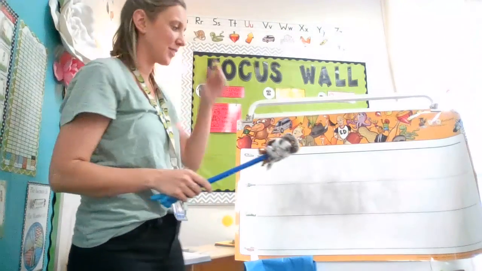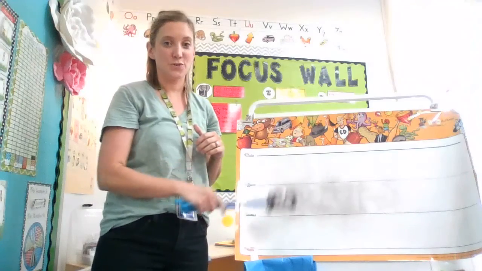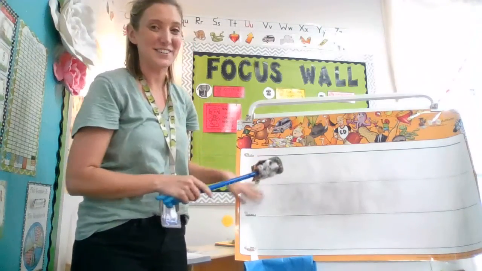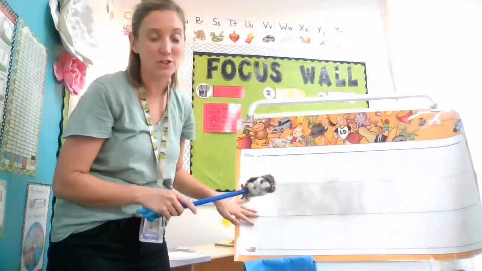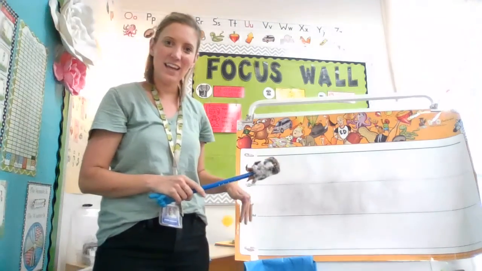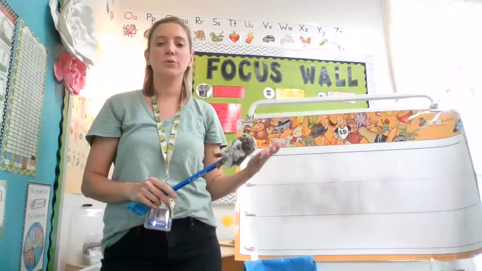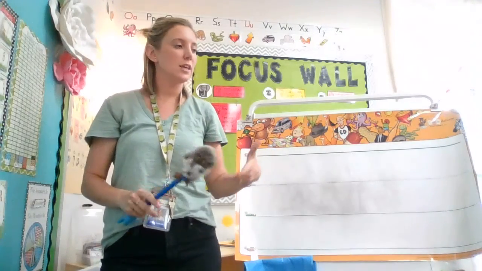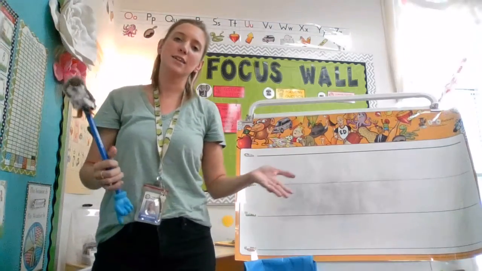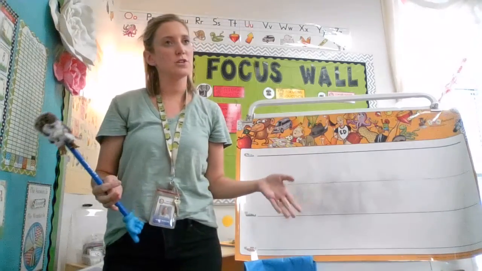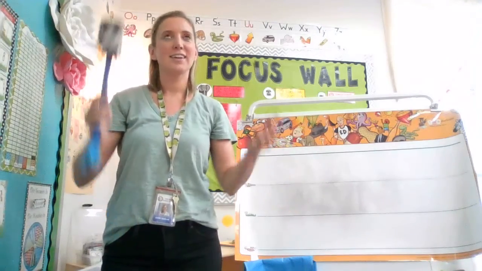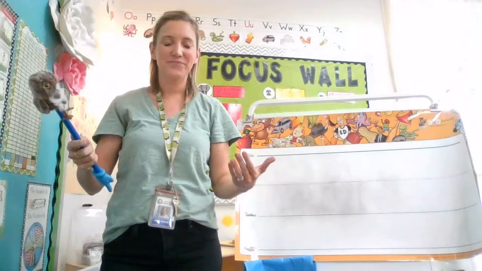Okay. I want to introduce to you our lines that we have on our large formation grid. They each have a name. The first one I want to talk about goes along with a question. Where do we see the clouds? And where do you see the sun? In the sky, right?